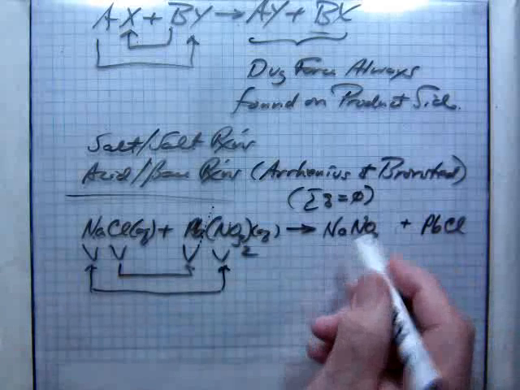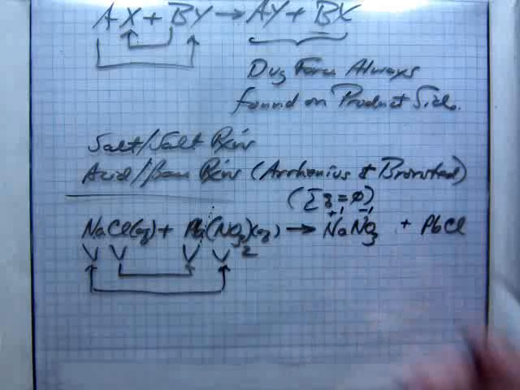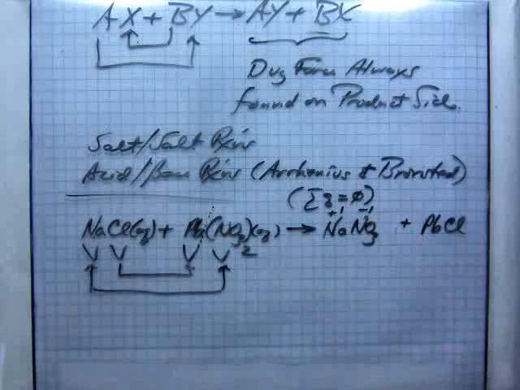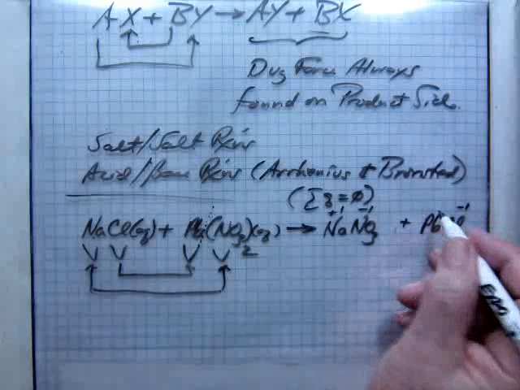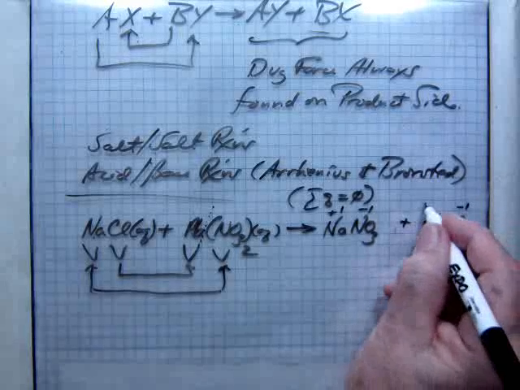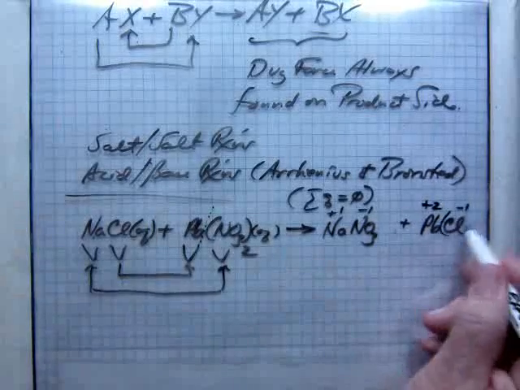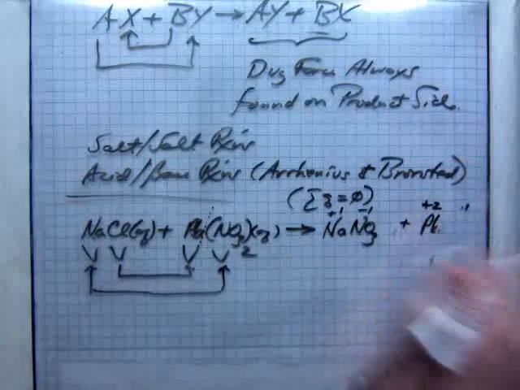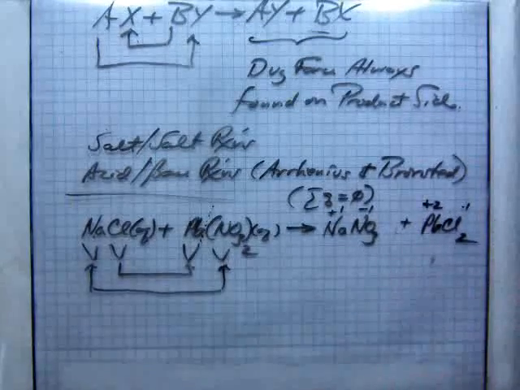So sodium is a fixed charge +1, nitrate is a -1, so the sum of those is 0. So yeah, that's the correct ratio of elements in that compound. Over here, chloride's a fixed charge -1, it's in group 7, and lead is a +2. Well, that doesn't add up to 1, so that means, not a parenthesis on that. I have to put a subscript 2 on that one.